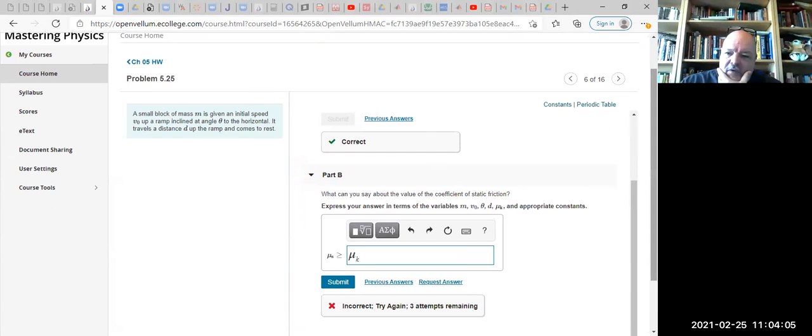So what does this question say? Let me move my box here. So it says, what can you say about the value of the coefficient of static friction? Express your answer in terms of the variables m, v0, theta, d, mu k, and appropriate constants. So I guess it's wanting you to actually work out what the static friction is, because it comes to an actual rest.